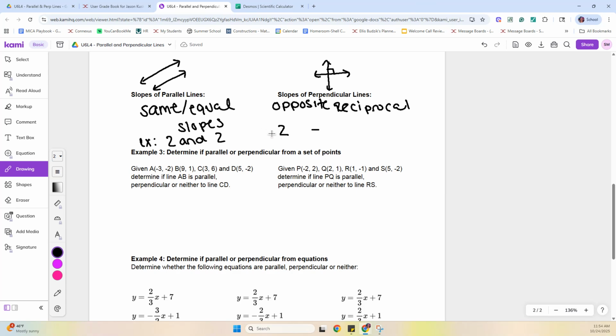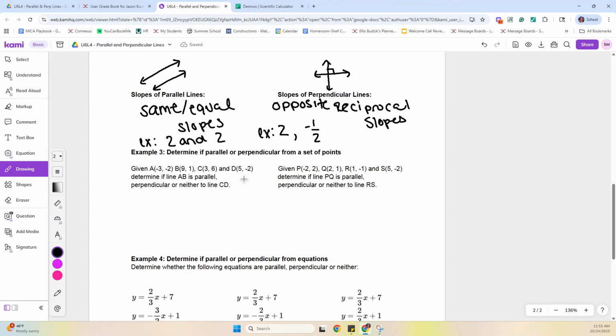And I'm going to flip that. Now, how do I flip 2? Well, I can always put a number over 1. So if I flip it, it becomes 1 over 2, but negative. So these would be opposite reciprocal slopes, a 2 and a -1/2, for instance. That would be our example for opposite reciprocal.